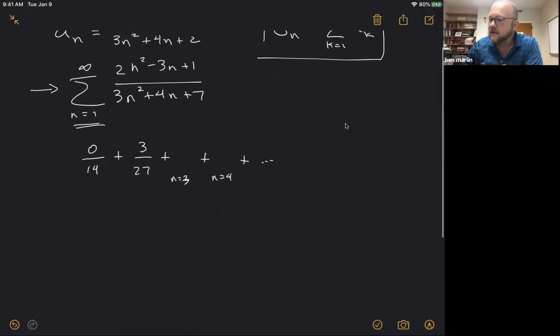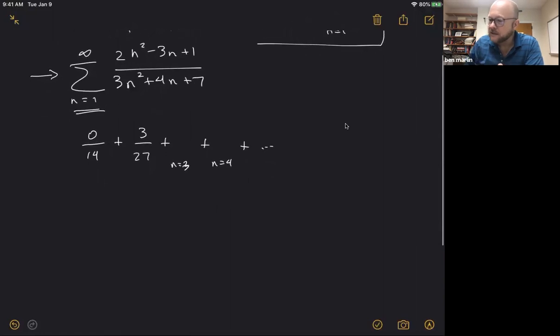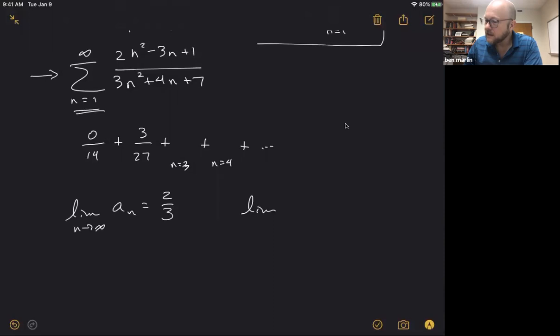the way that you would do that this time is to look at the limit as n goes to infinity of the a sub n's, and you can see that that would be 2/3, right? And if you actually wanted to have the limit as n goes to infinity of the s sub n's not be infinite, so being finite, that would mean that your actual terms need to go to 0.